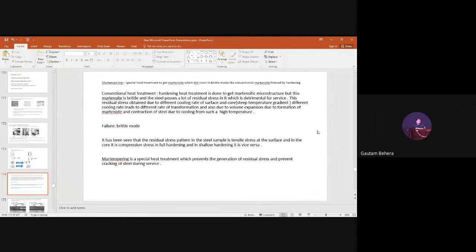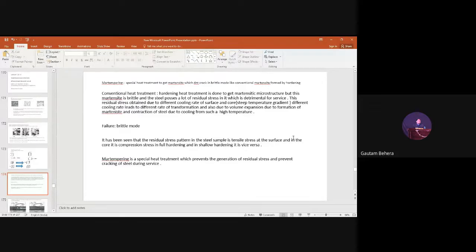If you understand why the residual stresses come, one reason is that when martensite forms, there is a volume expansion. About 3% volume expansion occurs when martensite forms. Due to volume expansion, and contraction during cooling in the quenching process, that leads to some residual stresses. Other residual stresses come due to a steep temperature gradient.